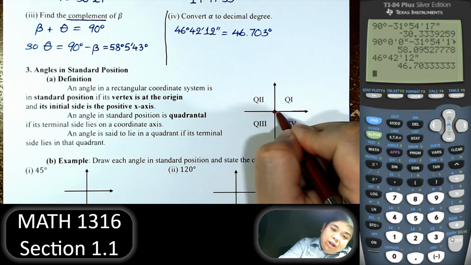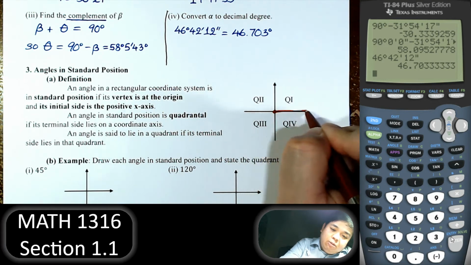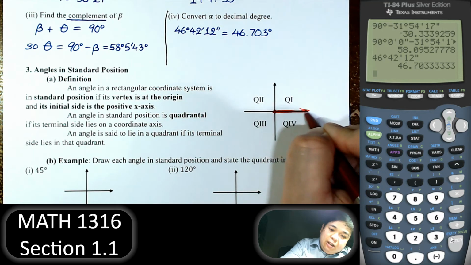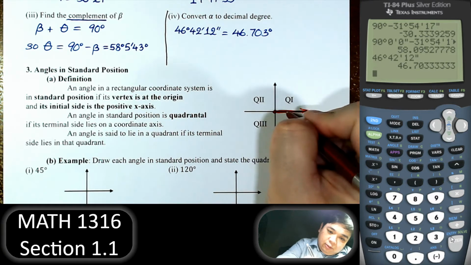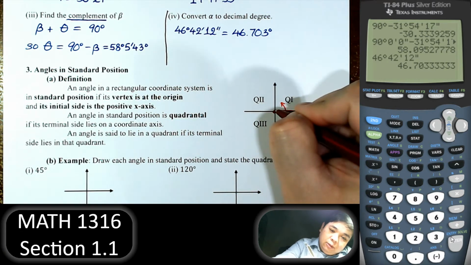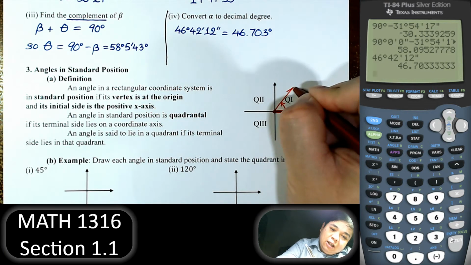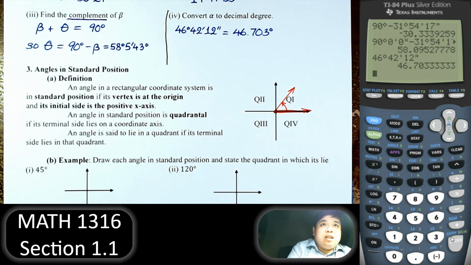So all the angles in the standard position rotate from this initial ray, and something like this is an angle in the standard position.